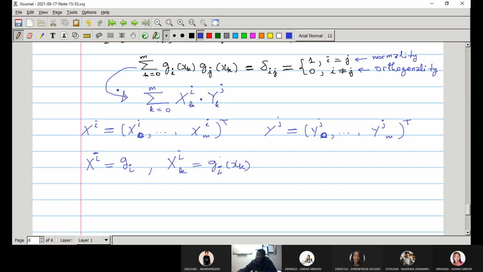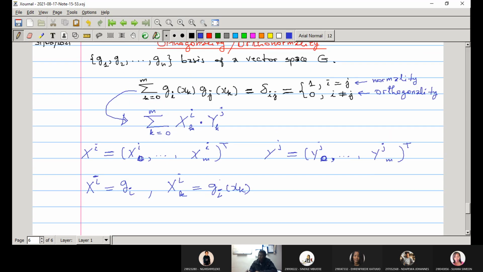So this is in fact a dot product in Rn plus 1, meaning that the vector has m plus 1 components. Okay, that's the remark I wanted to make so that things will be clear to you.